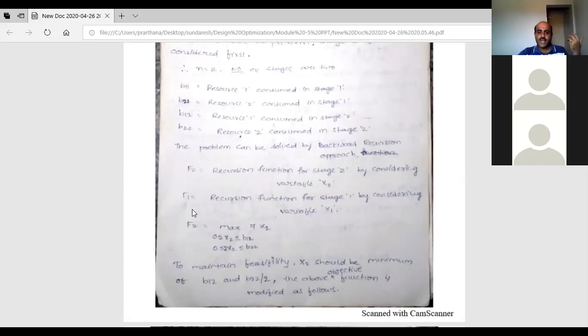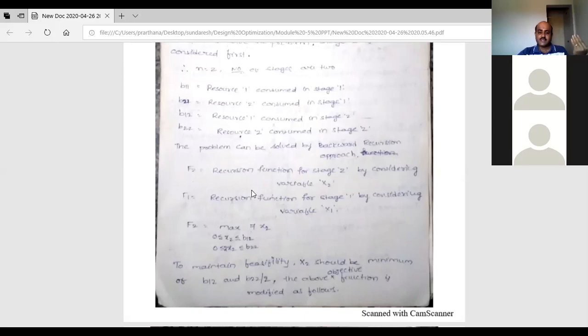In a similar way, we have F1, which is also the recursion function for stage 1 by considering the variable x1. F2 and F1 are the recursive functions for stage 2 and stage 1 respectively. So this is what you are going to assign in the beginning.